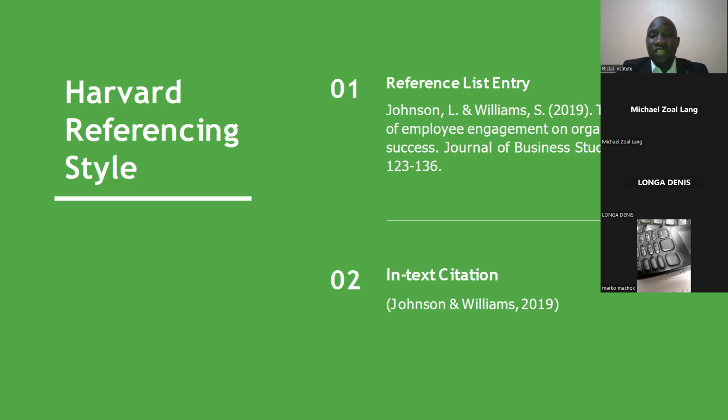Okay, those two things need to be there in all your assignments that you submit to us, and also in your proposals. They should be there, those two things. So we are going to look at the details of how you do the two.